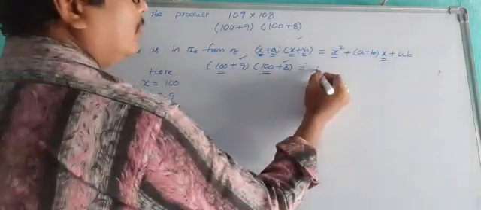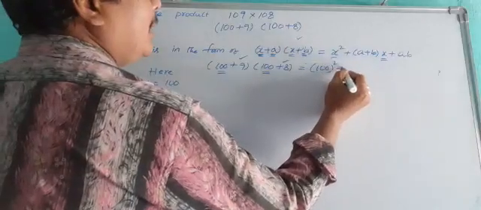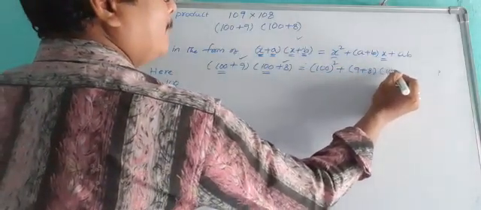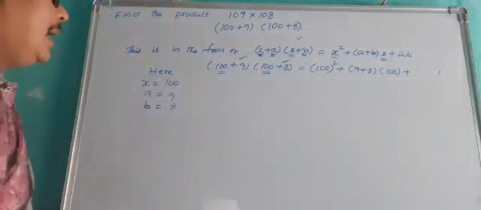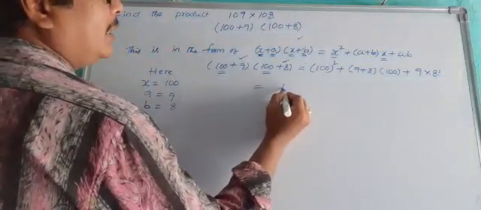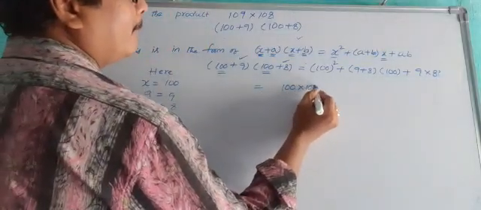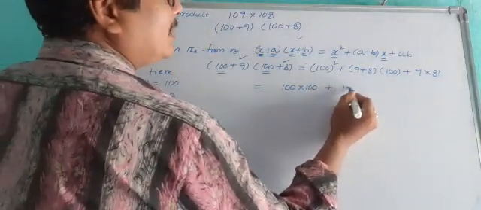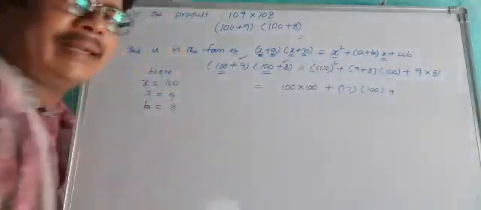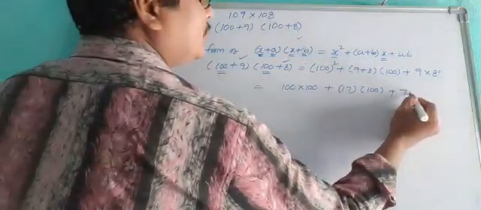So x², 100 squared, plus (a + b), 9 + 8, into 100, plus ab, 9 into 8. So 100 into 100, plus 9 + 8 = 17 into 100, plus 9 × 8 = 72.